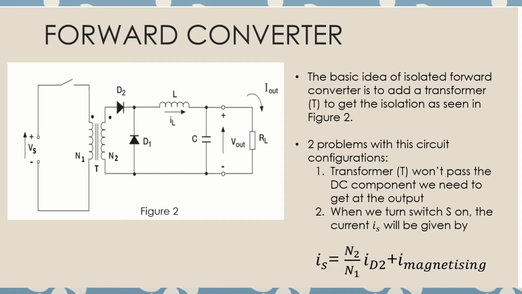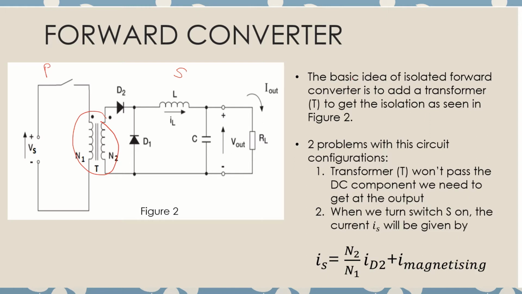Okay, so here is the example of the schematic of the forward converter. If you can see here, we use a transformer in the forward converter, and of course we have the primary side and also the secondary side.